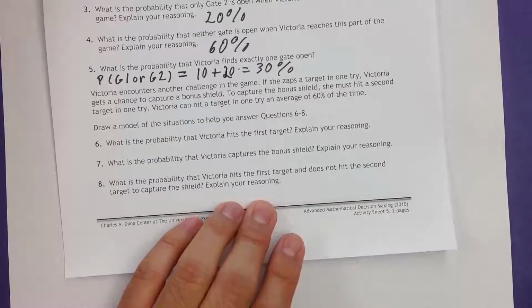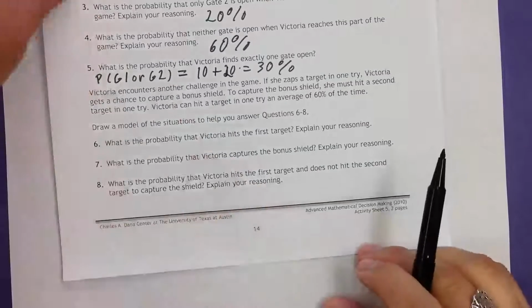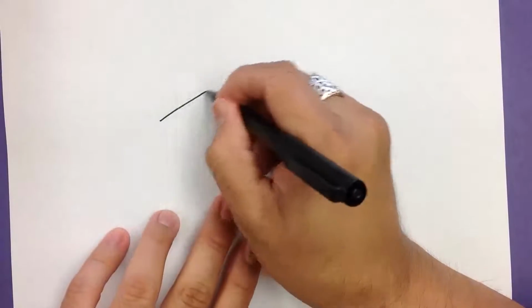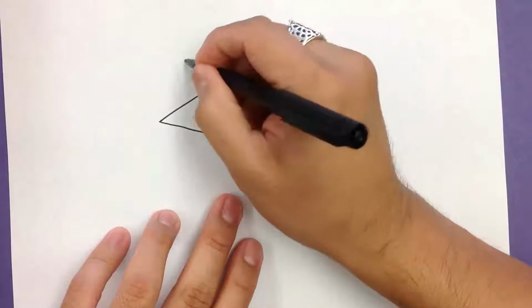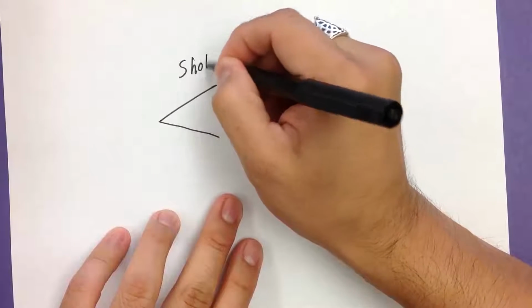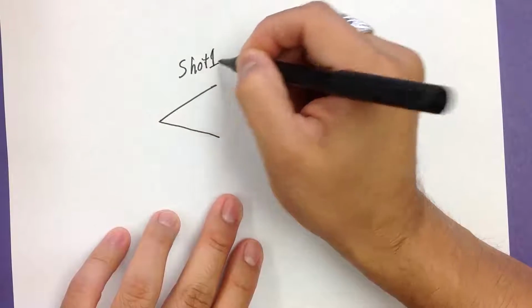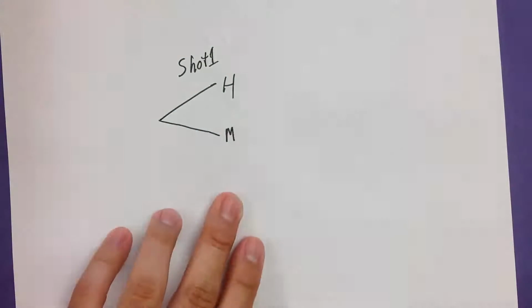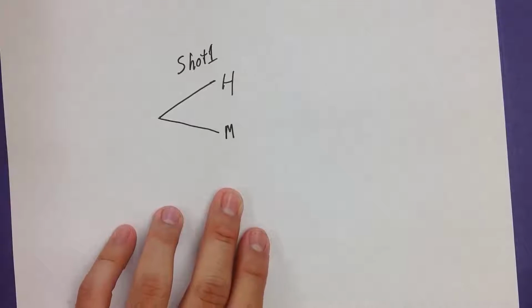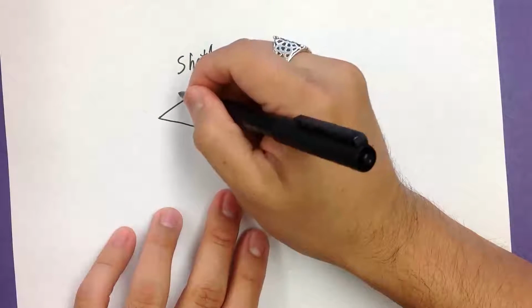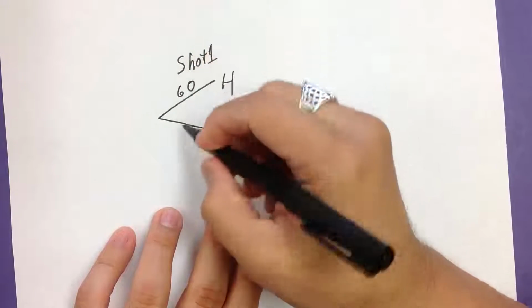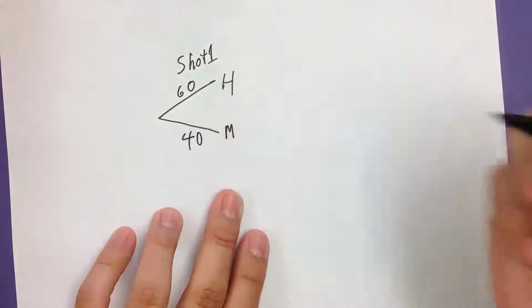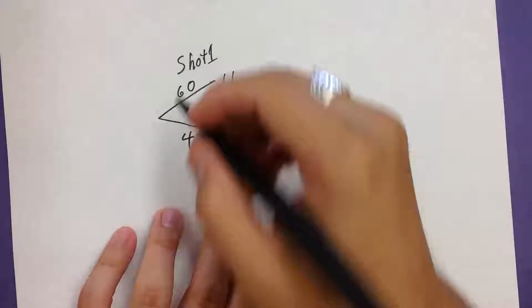So that's the interesting thing about this one. This one's actually easier to use the tree diagram on. So I'm going to draw the tree diagram of her first shot. So this is shot number 1. So she either hits it or she misses it. Now, she has an average chance of hitting it 60% of the time. That means 40% of the time she misses it. Okay?